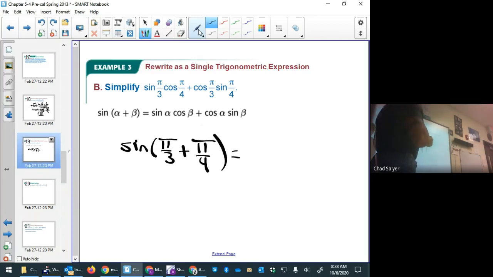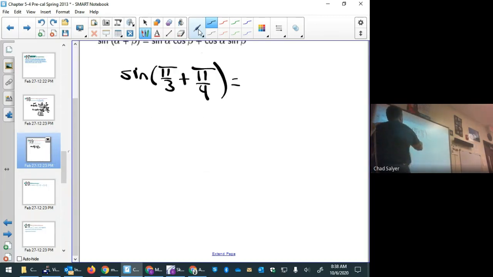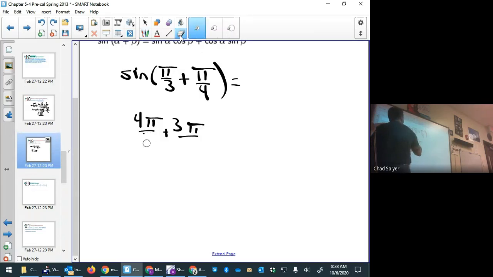So it might be on the unit circle, let's see. So pi over 3 and pi over 4, least common denominator here would be 12, I believe. So that's 4 pi over 12 plus 3 pi over 12.